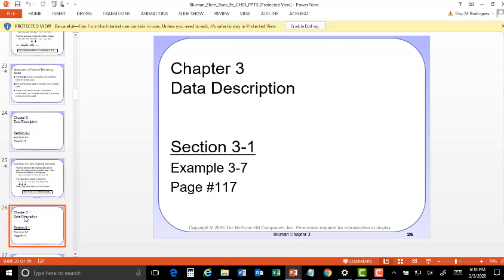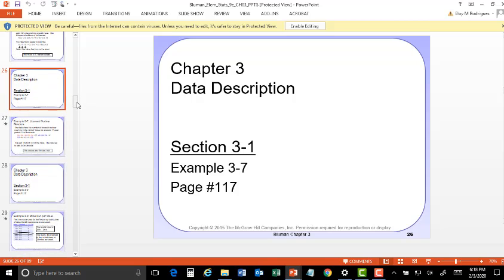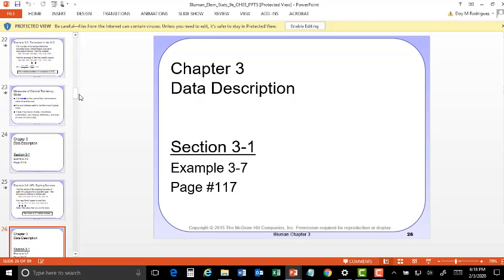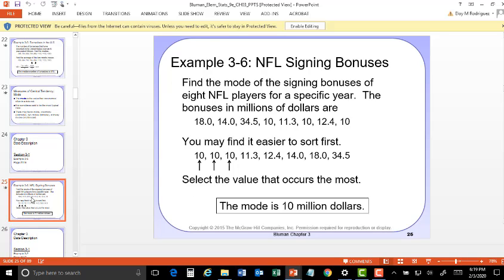If there's multiple modes, are they just all modes? If there are 4 or 5 sets of the same amount, are they all modes? If I had 3 sets of 10 and 3 sets of 20 and 3 sets of that.